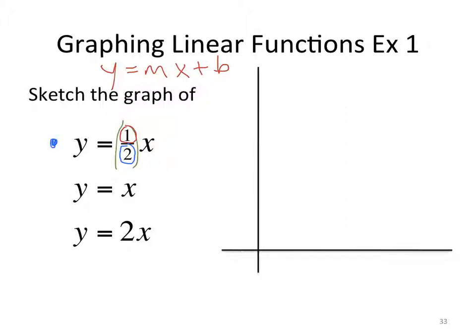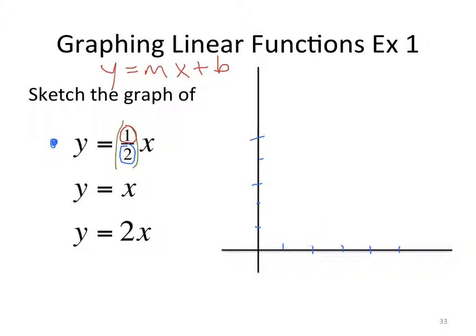Let's make a couple notches right here. 1, 2, 3, 4, 5, and 1, 2, 3, 4, 5. So then that means that we rise 1 and go over 2, or over 2 and rise 1. It actually is x and then y, so we go over 2 and up 1.